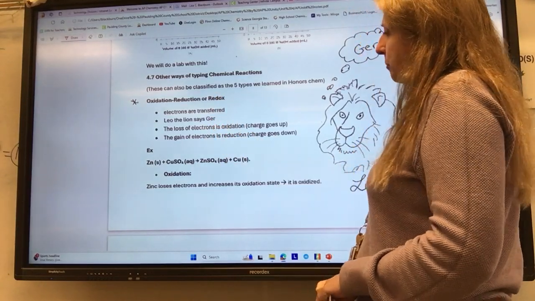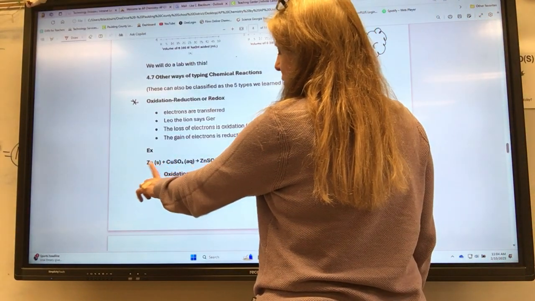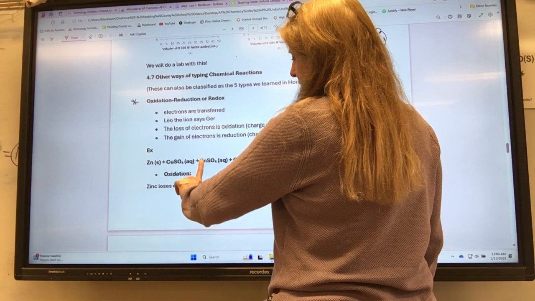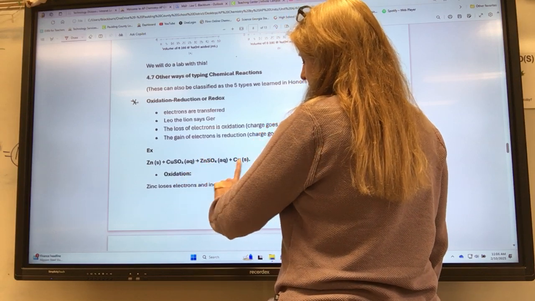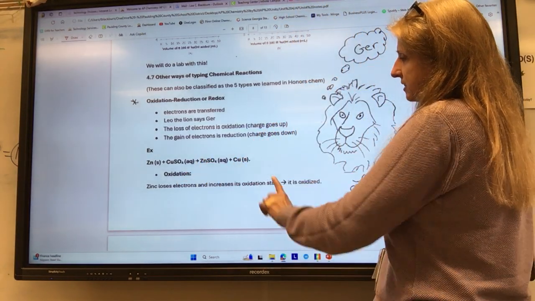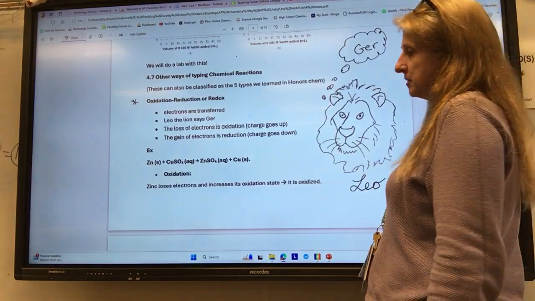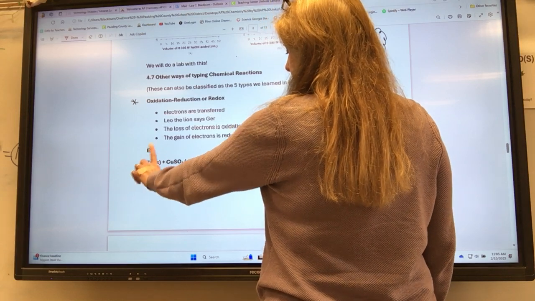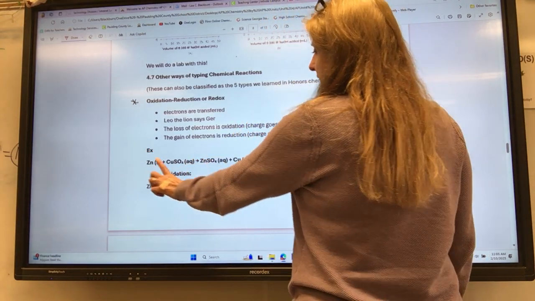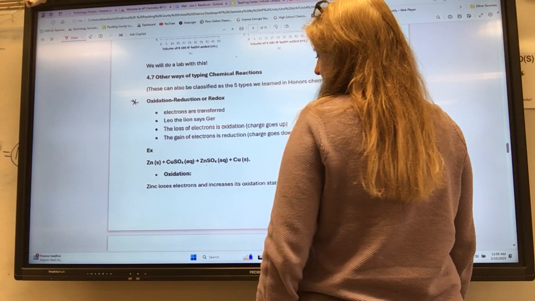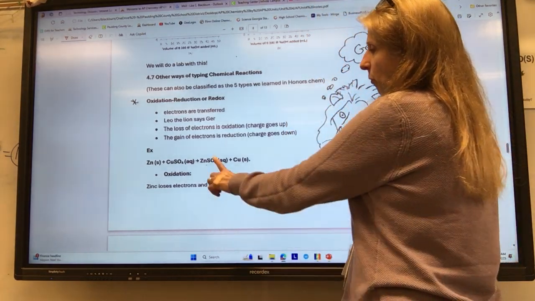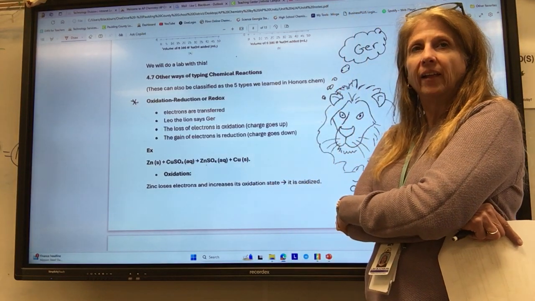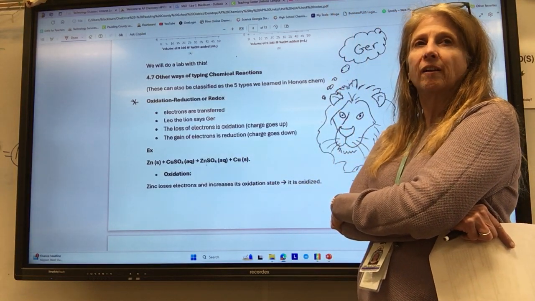So here is our example problem. Here we have zinc wanting to replace copper in this reaction. Zinc wants to be with the sulfate and copper goes off as a solid. Y'all see what's going on? If we look at the zinc, it had 0 charge and now it's an ion. Is zinc going to be an anion or a cation? It's in the front, so what is it? Did it gain electrons or lose them?